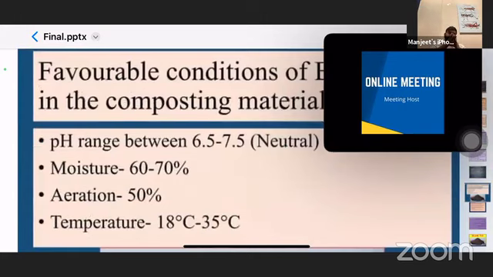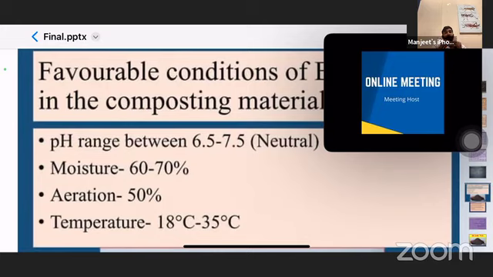Some biological conditions for good earthworm production as well as vermicompost production. The pH range of raw material, or you can say dung, should be between 6.5 to 7.5, or you can say neutral. In the previous slide, I discussed that continuous water supply is needed for this operation.